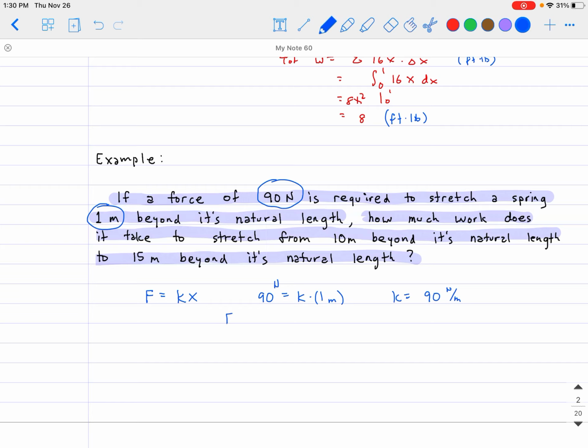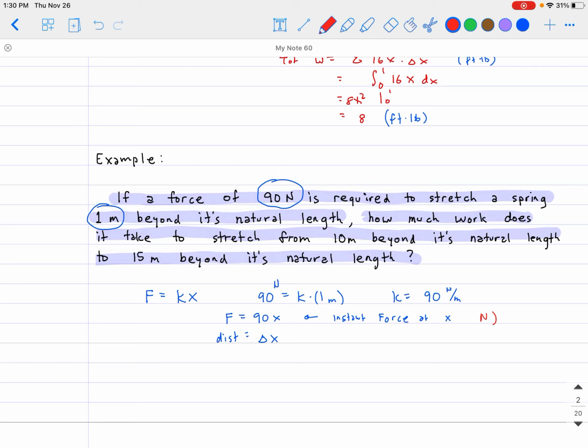Now, remember, this force, which is equal to 90x, is the instantaneous force at the value of x. The distance you have to travel is always a small increment, which is delta x. Let me write the units so you have something to work with.